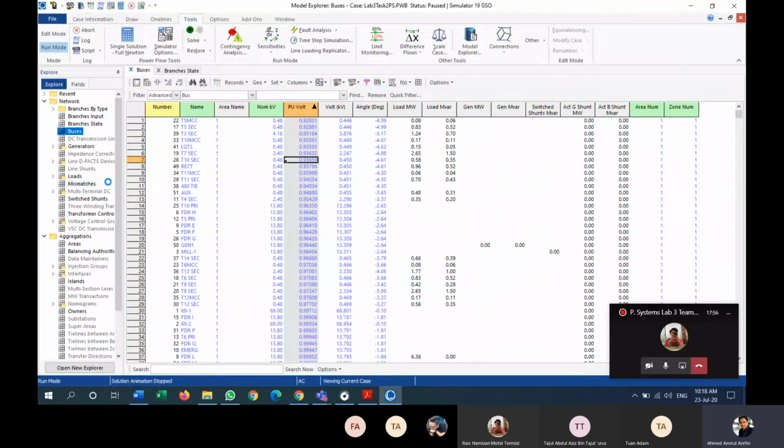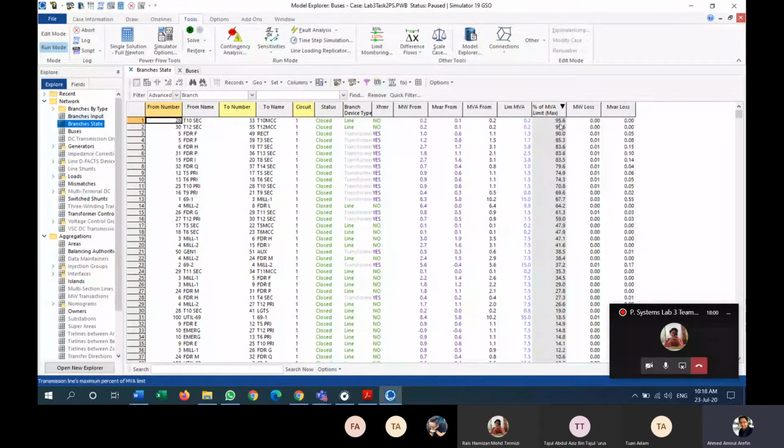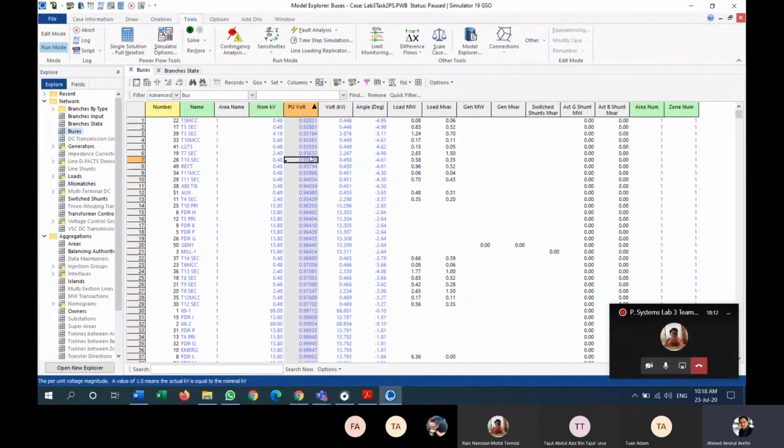Now let's see the second one, the loading. Loading is okay here. Highest one is 95.6 and lowest one is 0. So loading has no issue, but the per unit voltages have some issue. Now you need to improve it.